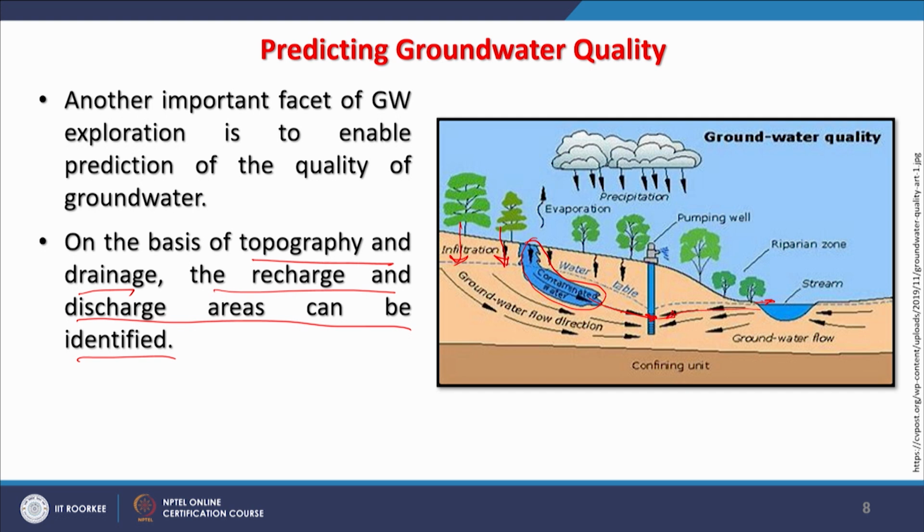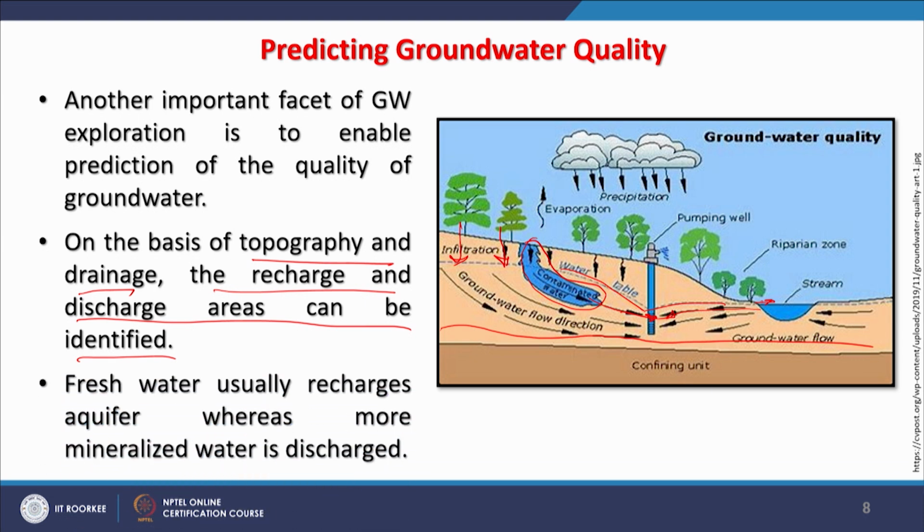So, sometimes the condition of the water table also plays a very important role. If in this situation the water table had been at a lower depth, then probably the effect of these contaminated bodies may not affect, or would be minimum. That kind of understanding is required to estimate the quality of water.